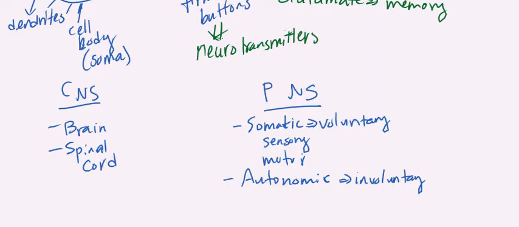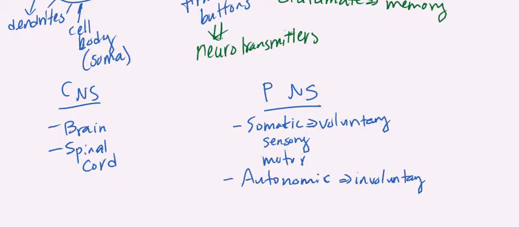The sensory neurons in your hand take the information, or the fact that you touched the table, to the central nervous system. The central nervous system processes it and then says, oh, let's take our hand off the table. And then you use motor neurons from the central nervous system out back to your hand, and then you remove your hand from the table.